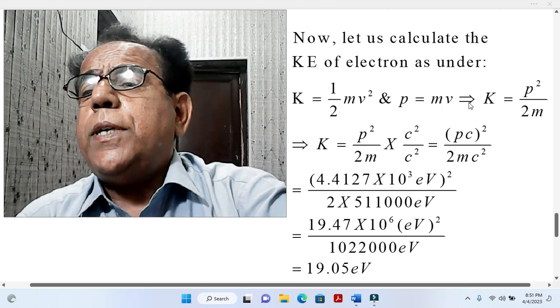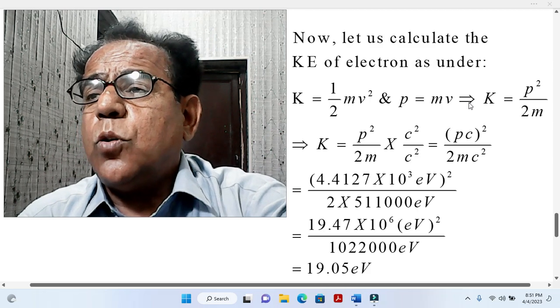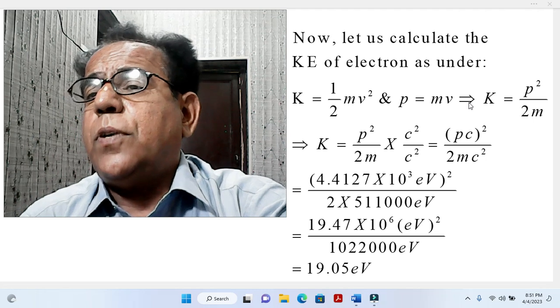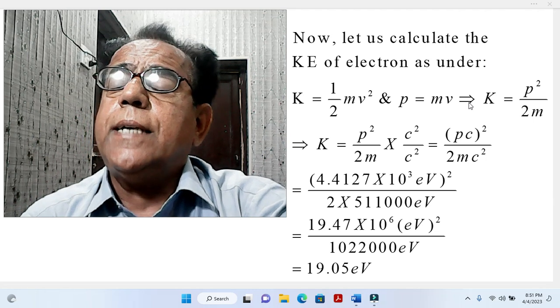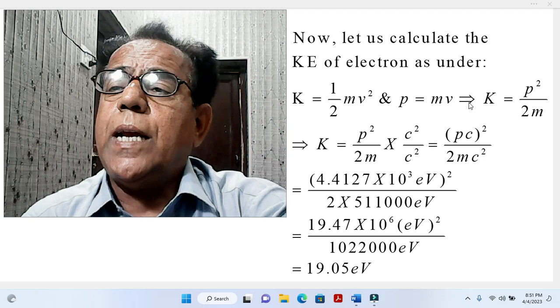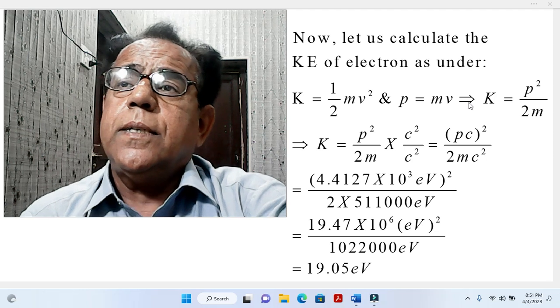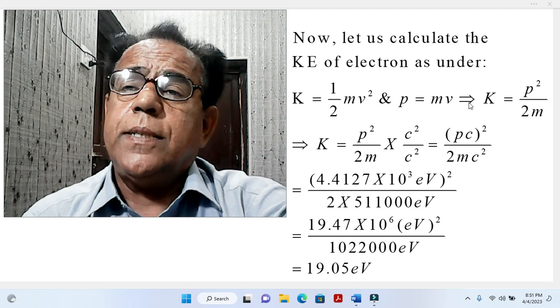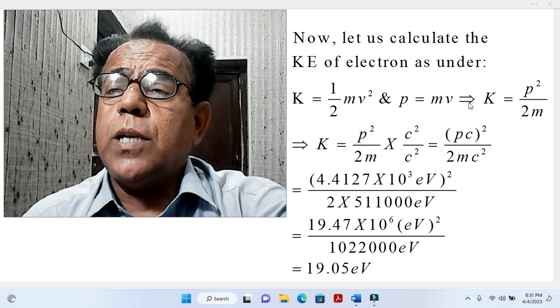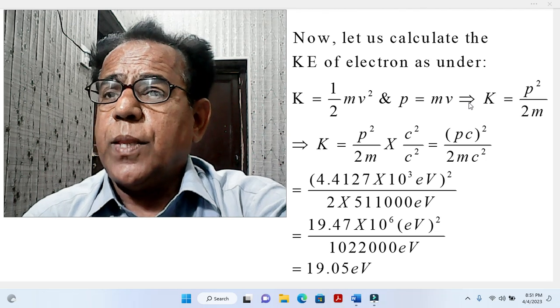Now let us calculate the kinetic energy of electrons as under. For calculating the kinetic energy of electron, we will have to make some arrangement. That arrangement depends on classical values.